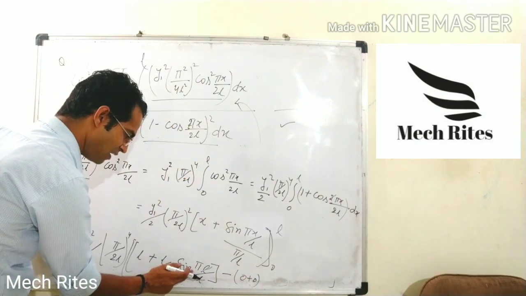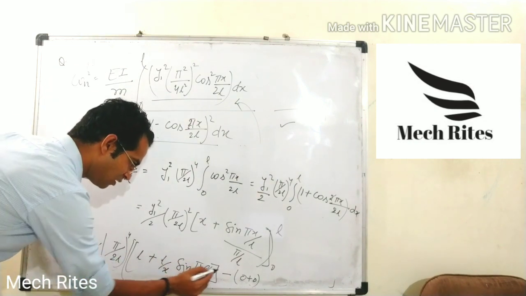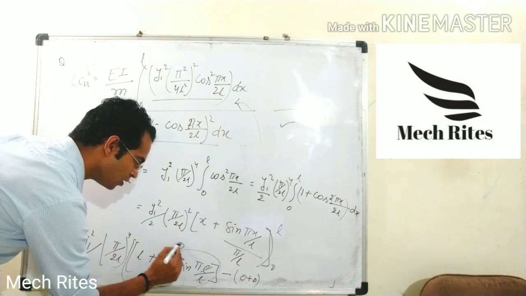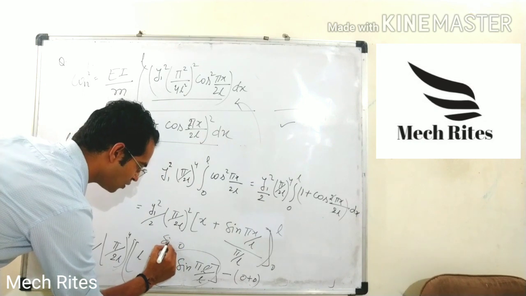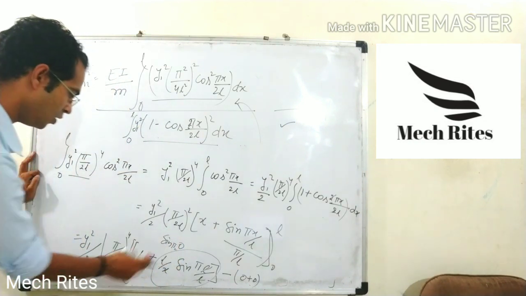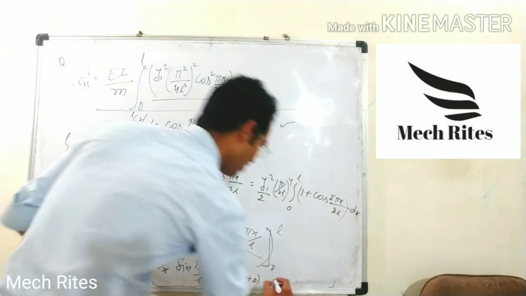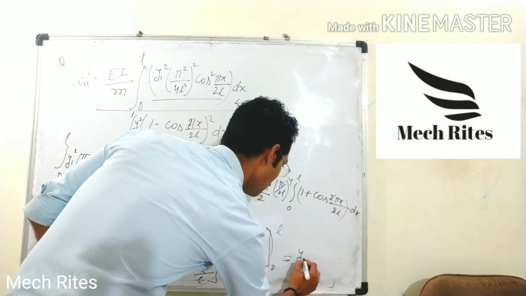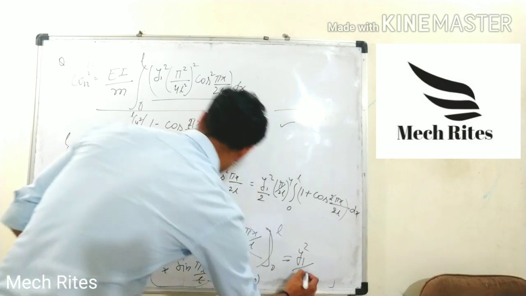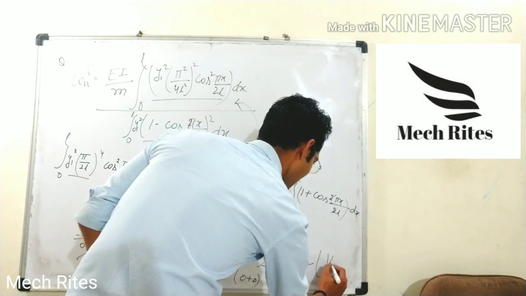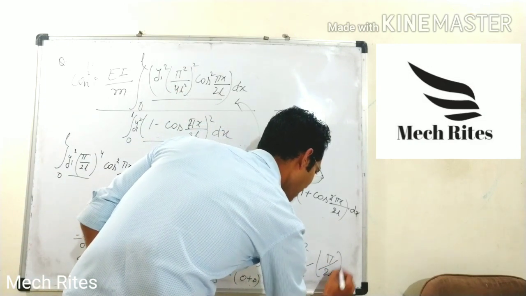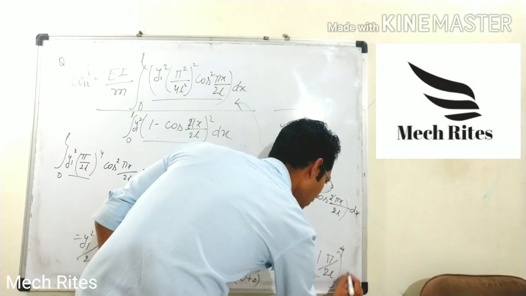Again sin pi is 0, so this complete term will be 0, and we have only this part. That's why the final answer will be y1 square by 2, pi by 2L to the power 4, into L.